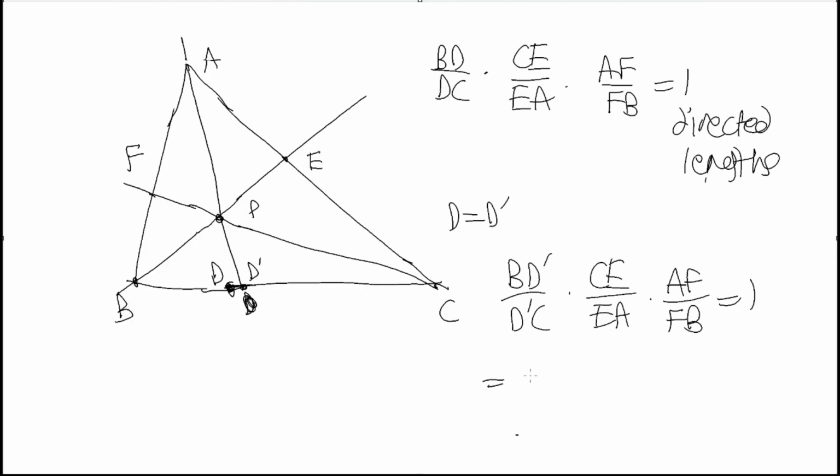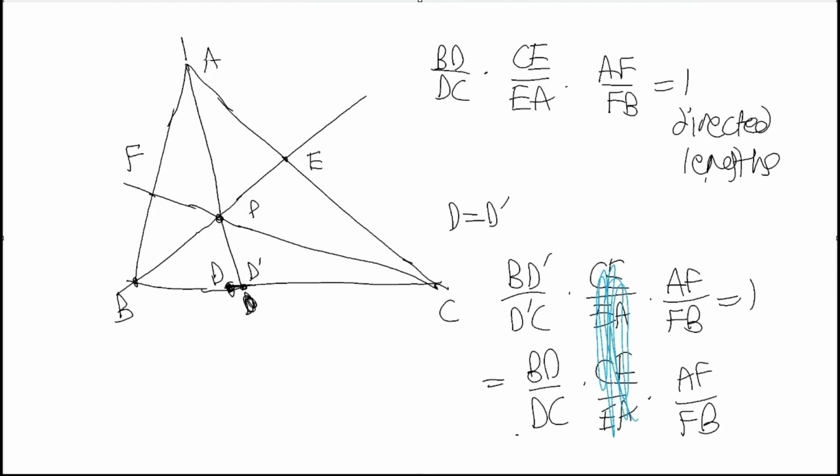And this is also equal to BD over DC times CE over EA times AF over FB. And these factors here cancel out, and so do these factors. So what we're left with is BD prime over D prime C is equal to BD over DC.